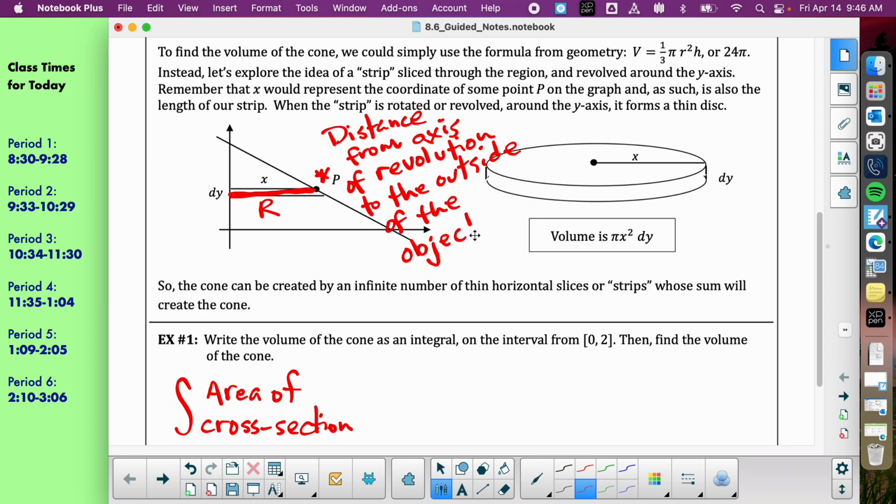So the axis of revolution is what you focus on most for these problems, because that's kind of what creates all of the information. On this one, the y-axis is the axis of revolution. In the last section, they specifically used the words perpendicular to the y-axis, but in this section they don't. They say it's rotated around the y-axis, but it's the exact same thing. So if we draw a line from the axis of revolution until we hit the outside of the object, that's going to be the radius. And I'm phrasing it that way because of what's coming up in the future.